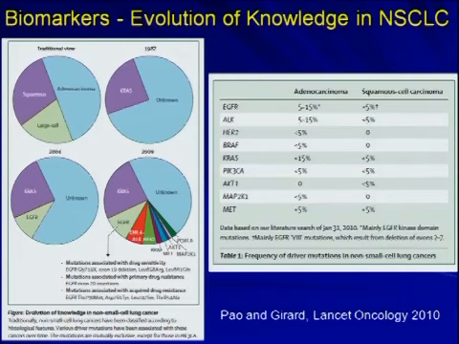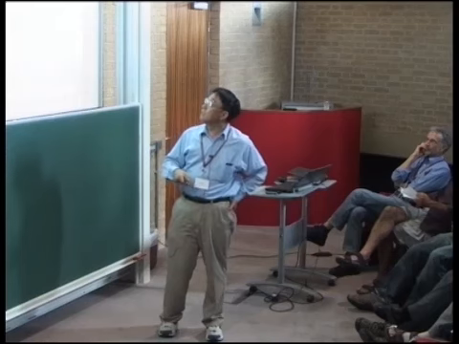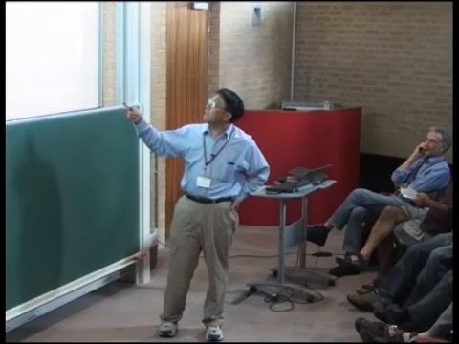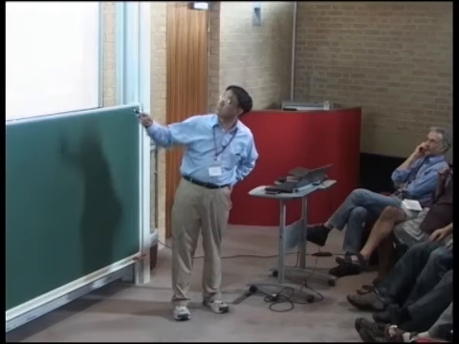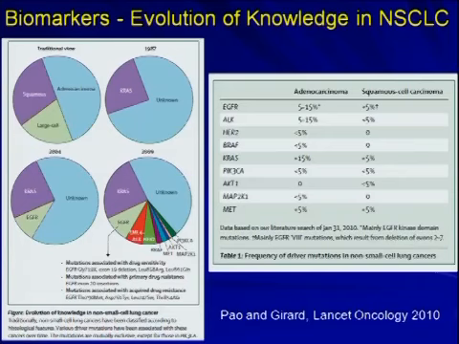Based on histology, we can classify non-small cell lung cancer into adenocarcinoma, squamous carcinoma, and large cell. And in 1987, we only knew one marker, called KRAS mutation, okay? And all the rest was unknown.